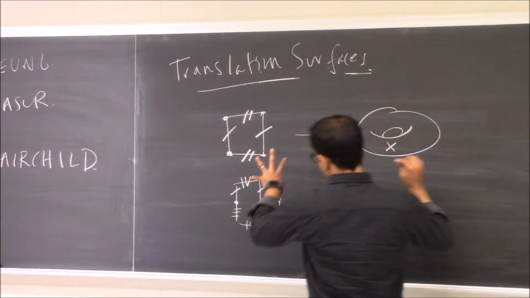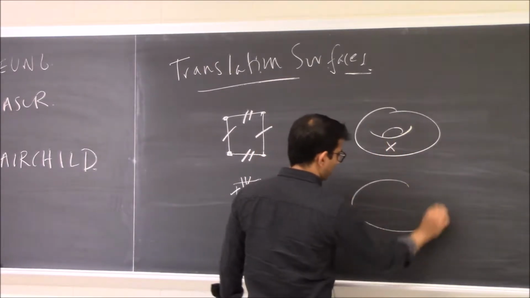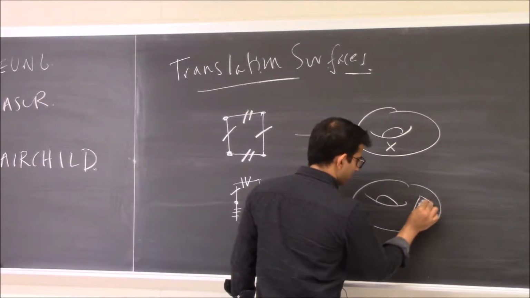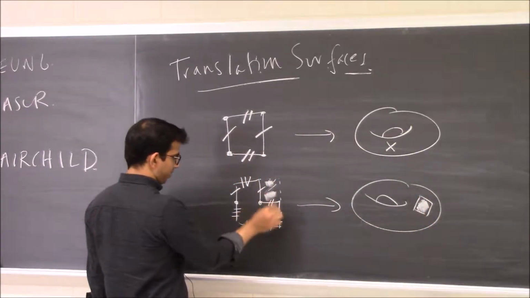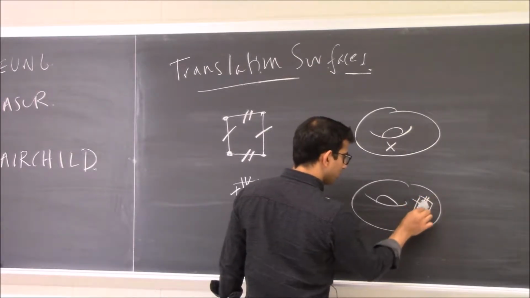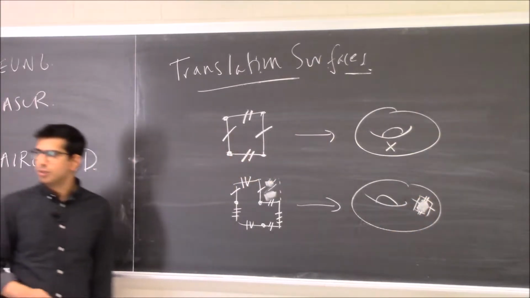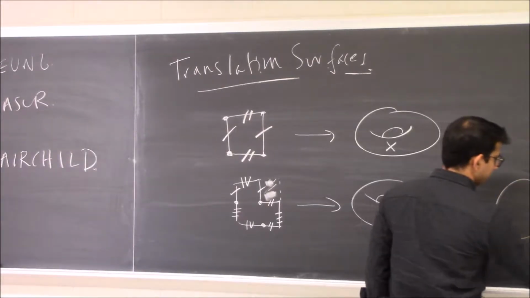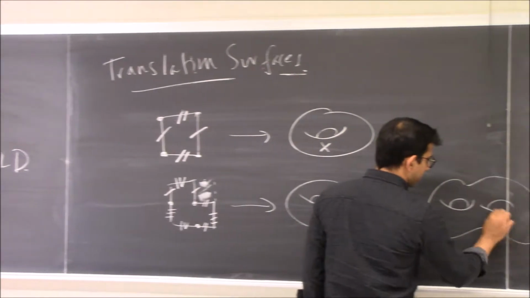Notice that if I include this square, I would get my torus with this square not part of it. The square would have sides, I guess, 1 and 2, with 1 and 2 glued to each other, and that creates a little more genus.